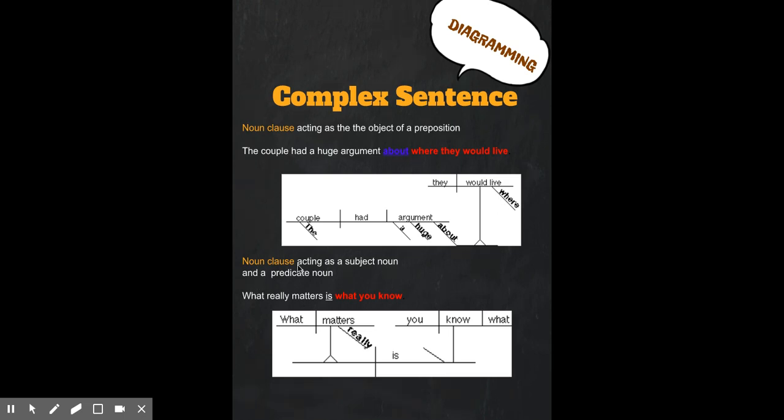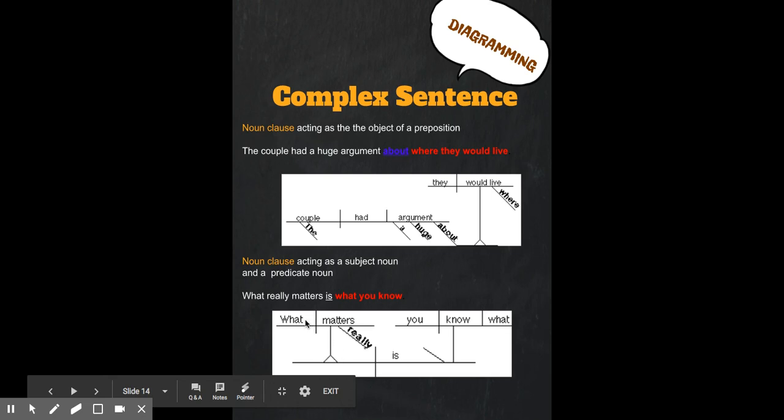Okay, let's look at another noun clause. This one's acting as the subject of the noun. Okay, and we actually have two in this sentence. One is the subject and one as a predicate noun or a predicate nominative, like we like to call it. What really matters? That's our subject. That whole unit is the thing that we're talking about. So we put our little tree.